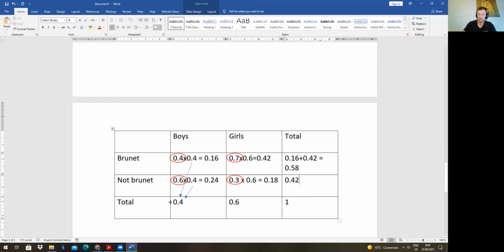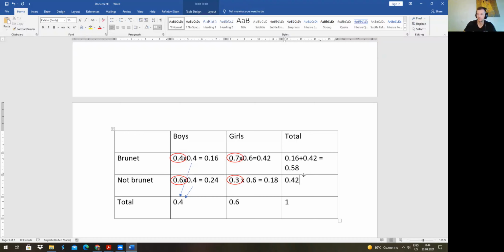So I know this. Knowing this, I need to reconstruct what is here. And with the help of this, I can calculate what is the unconditional probability here. Basically, that's the way we operate it.